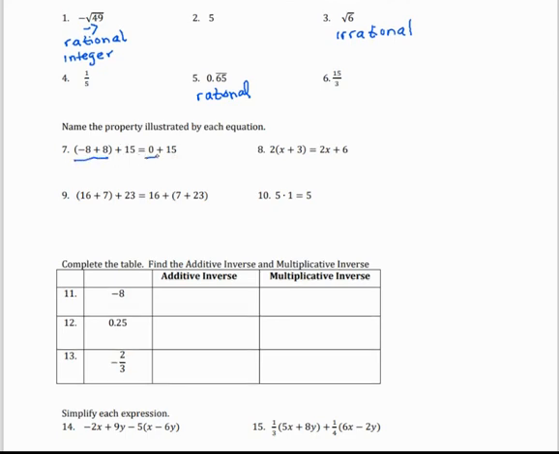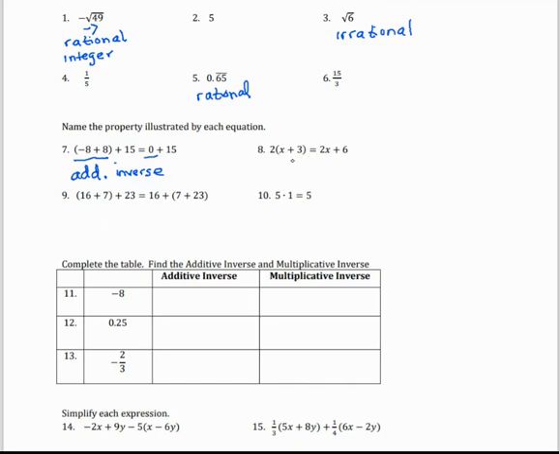What's happening here is we're adding, so it's our additive inverse. Make sure that I write that correctly. It's our additive inverse because negative 8 and 8 are opposites of each other. Additive inverses are opposites of each other and create 0.